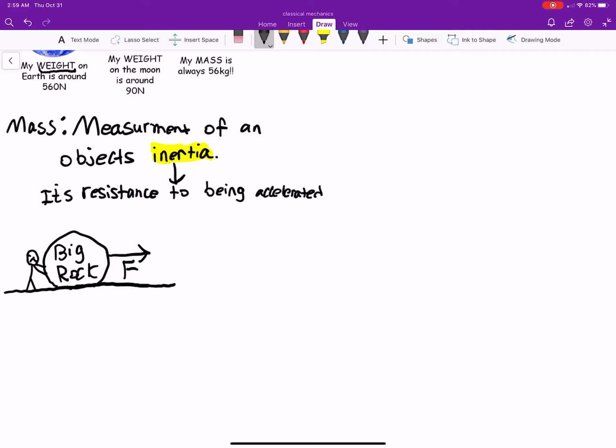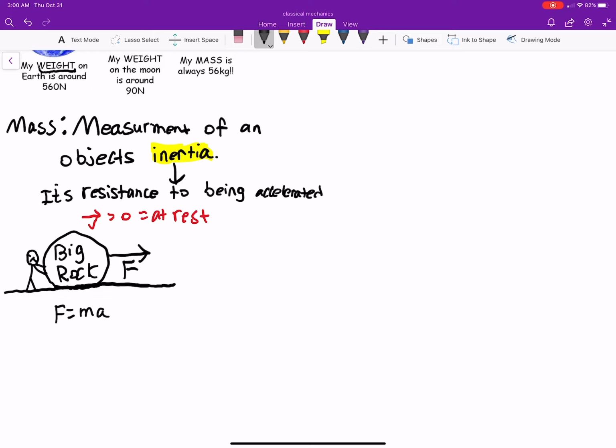So that means it's going to stay at the velocity that it's currently in. The velocity of this rock is zero because it's at rest. It's going to stay at rest unless you apply a really, really big force, because as we know, force equals ma. So we're going to need to apply a really big force to get this to move.